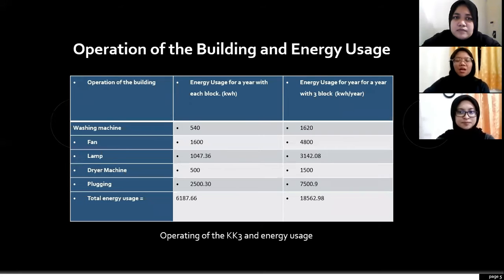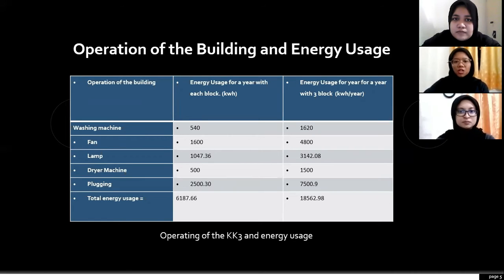Okay. Here is the table of the operation of the building energy use. The operations of the building are washing machine, fan, lamp, dryer machine, and plug-in. And here are the values of the energy used for a year with each block and the energy used for a year with 3 blocks.